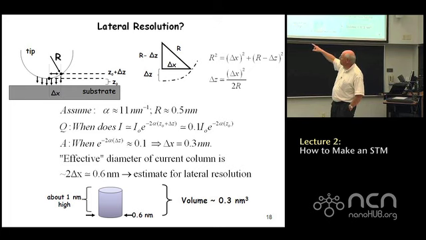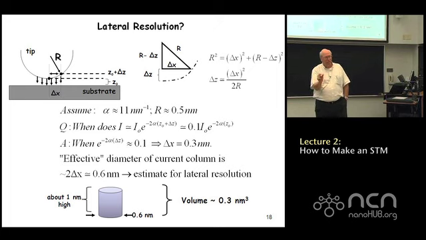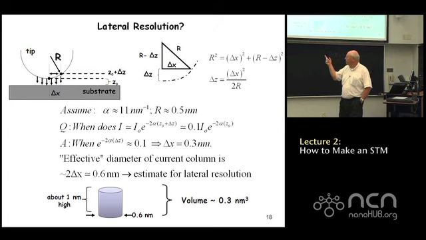I think everyone can follow it through, but the answer you get at the end of the day is about 0.6 nanometers, or 0.3 nanometers on either side of the apex atom. That's where most of the tunnel current is located. And so you typically say that the resolution of an STM is on the order of, let's say, half a nanometer. You can base it on this simple geometric estimate.